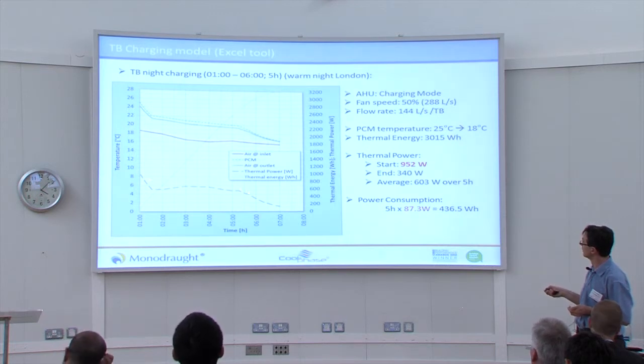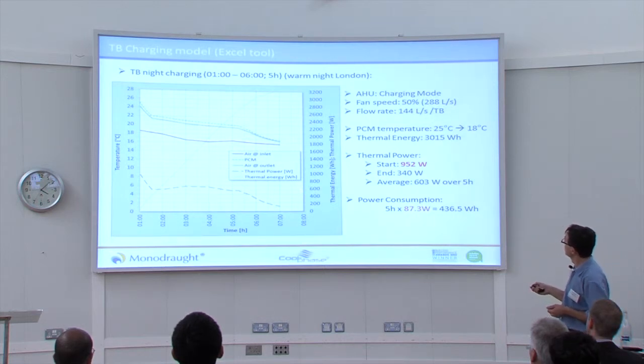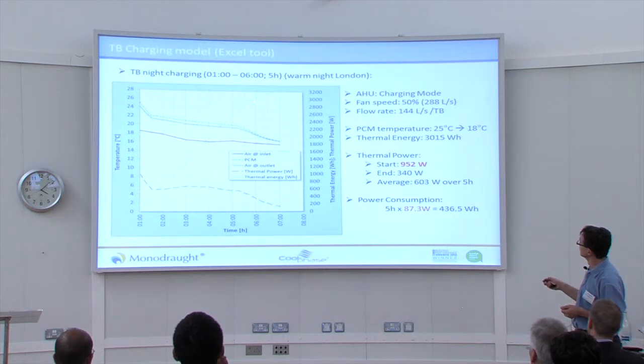This is the thermal power. You can read it here. It's giving about 400, 500 watts. And the blue line, that's the accumulated energy we are getting out.